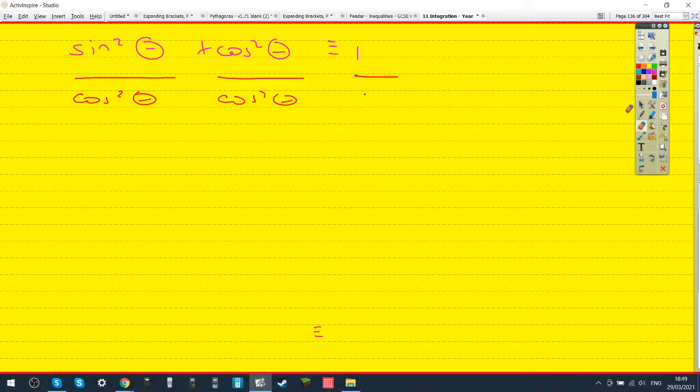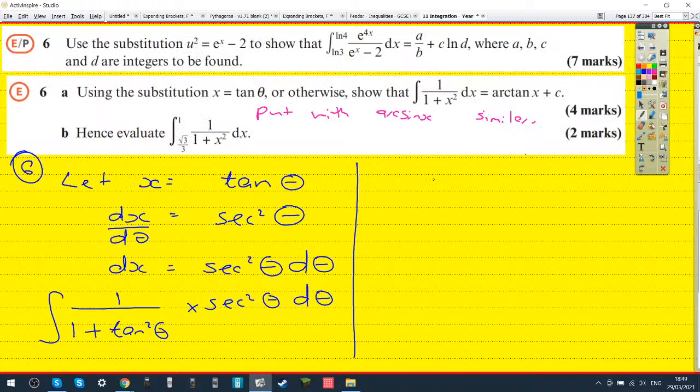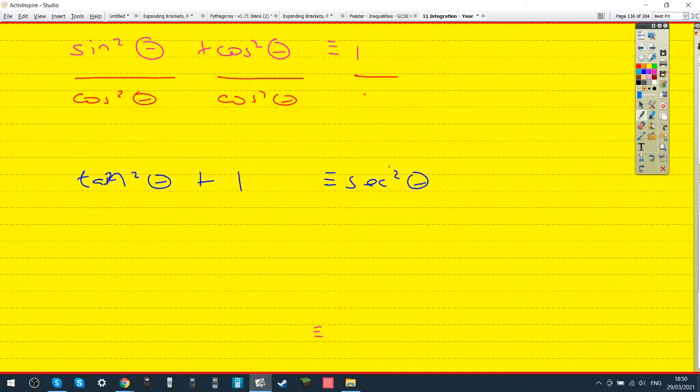So, wait, sorry. Tan squared theta plus 1 is sec squared theta. Apply it. And so, sorry, what was it the same as? Tan squared theta plus 1 is sec squared theta. Yeah.